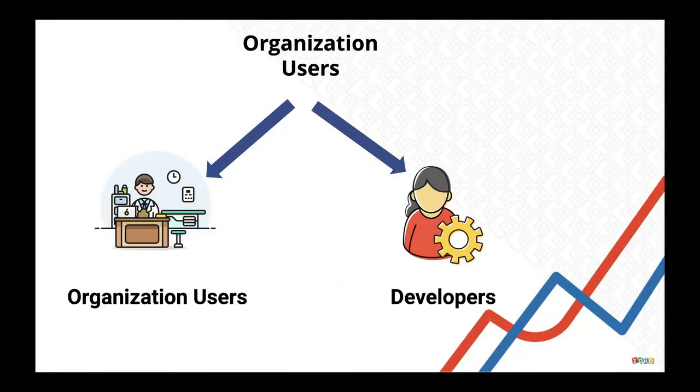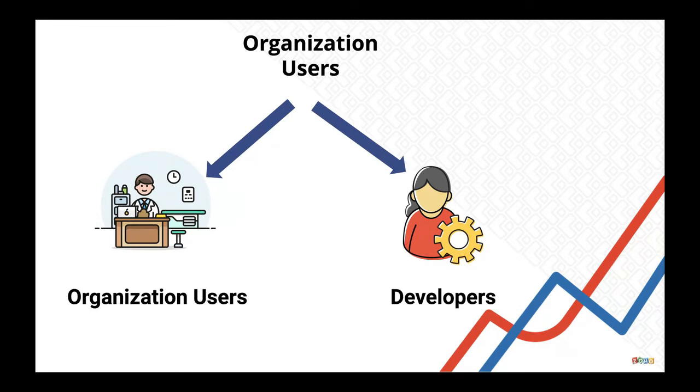So there are three kinds of users in Zoho Creator. One is the organizational users, one is the developers, and others are the customer portal users. So coming to developers, the developers are the guys who will have full access to the application, both front end and back end of the application. So they can change applications, they can access the forms in the edit mode, they can access workflows, they can write workflows and all.